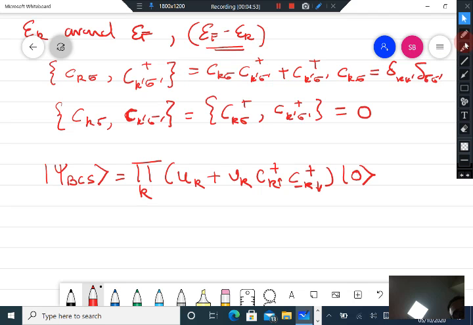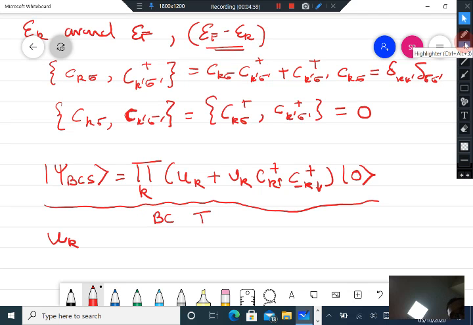This is the BCS trial wave function. It was proposed to see whether it solves for the expectation value, so we have to use this form of the trial wave function and see how the system works out.